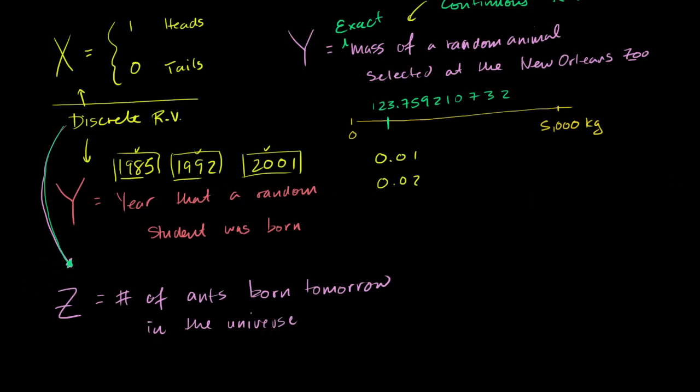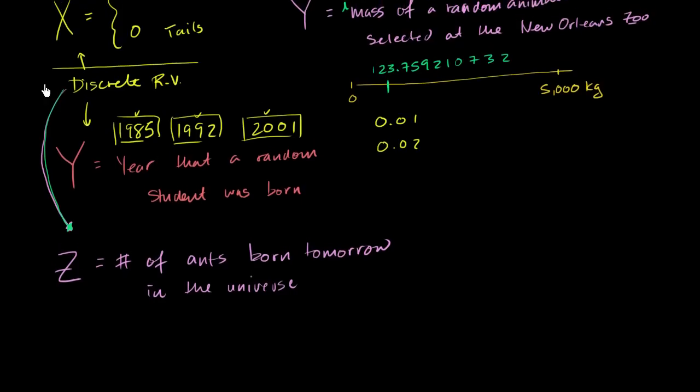This is fun, so let's keep doing more of these. Let's say that I have random variable X. So we're not using this definition anymore. Now I'm going to define random variable X to be the exact winning time for the men's 100-meter dash at the 2016 Olympics.